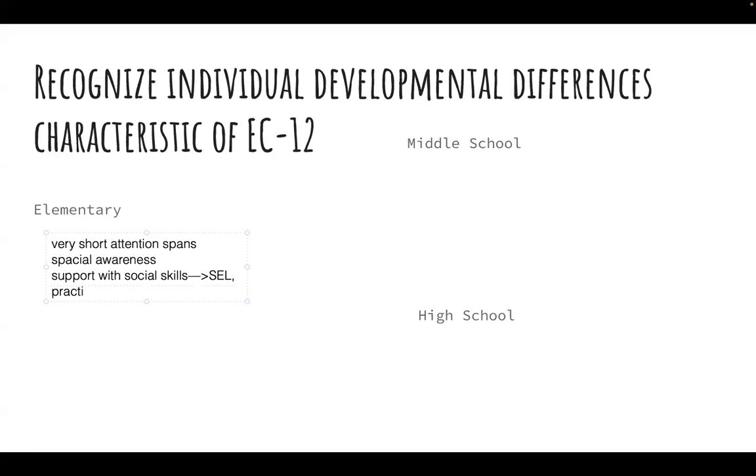Social emotional learning practice, right, in groups, in small learning groups, and procedures that are done consistently.